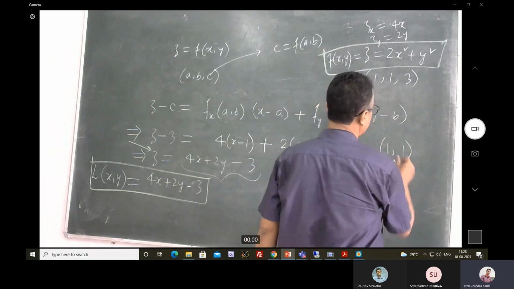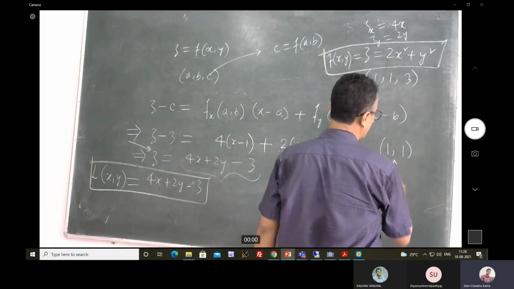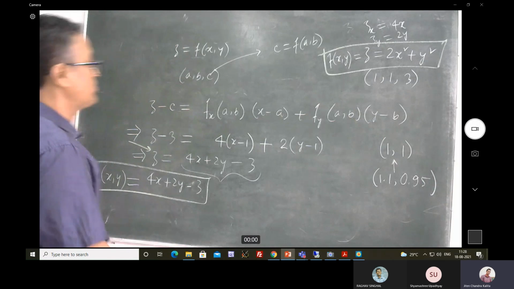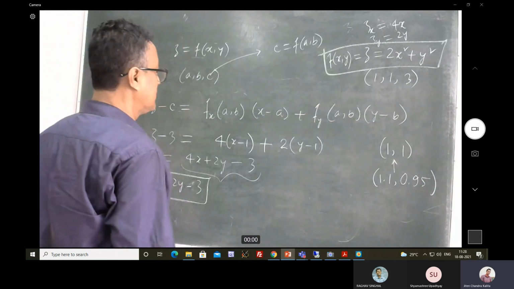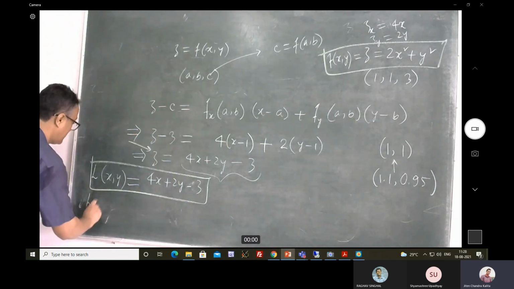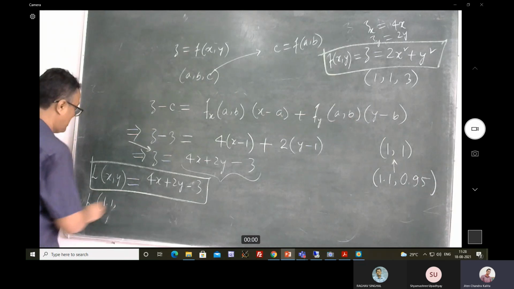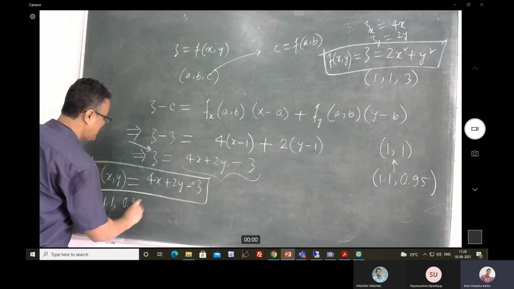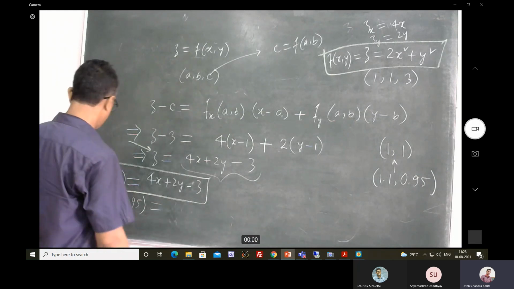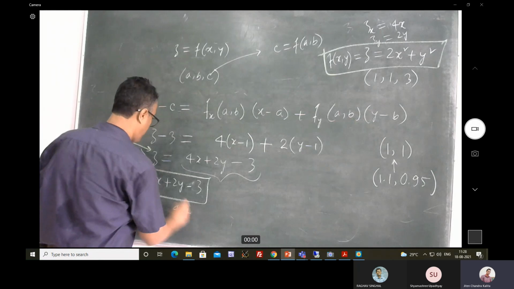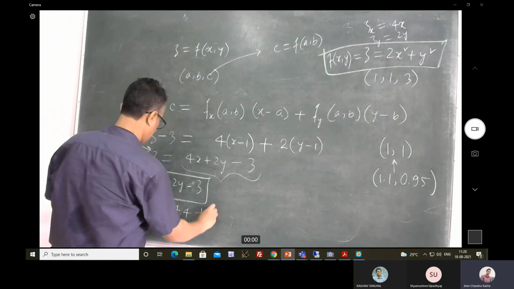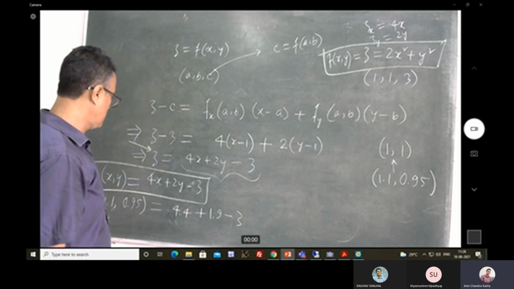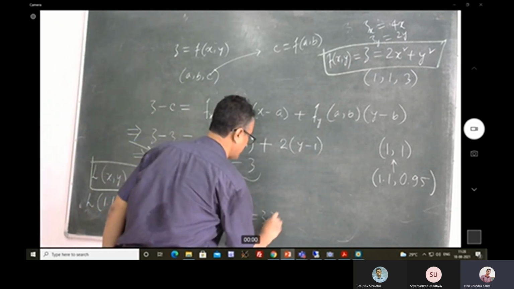So now let us take a point which is very near to (1, 1). Say, suppose I am considering the point, say (1.1, 0.95). In fact, I have taken this example from Stewart. Okay, so then if I want to find out L at (1.1, 0.95), this is going to give me 4.4 plus 1.9 minus 3, right? So this is going to be 3.3.